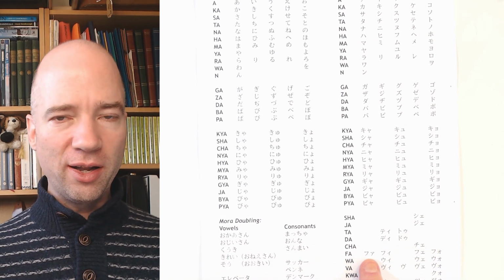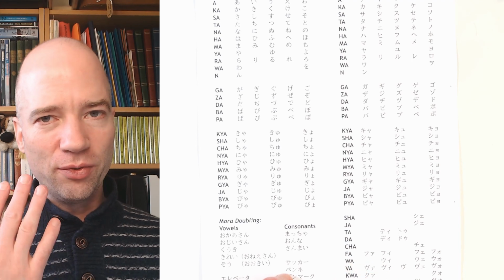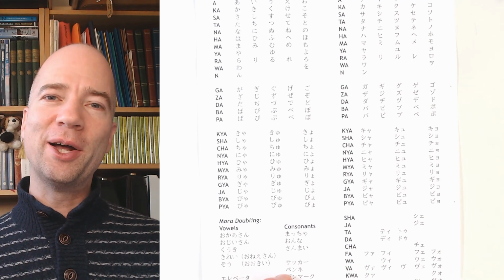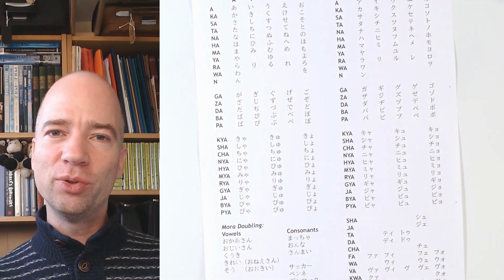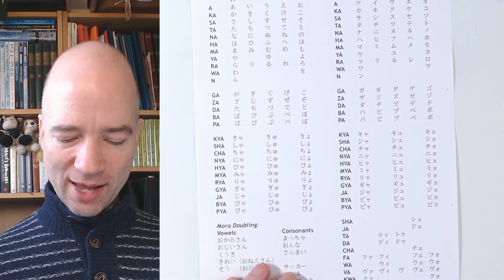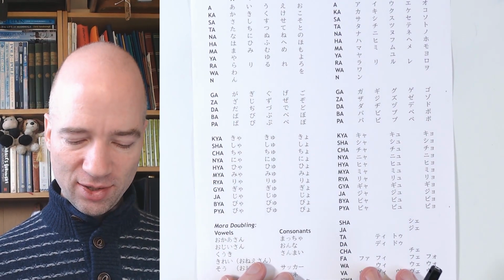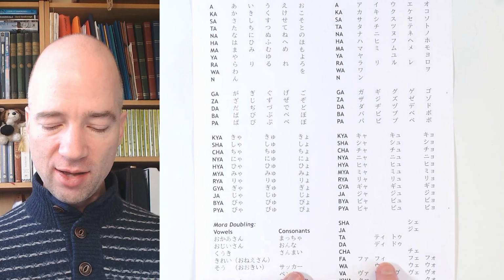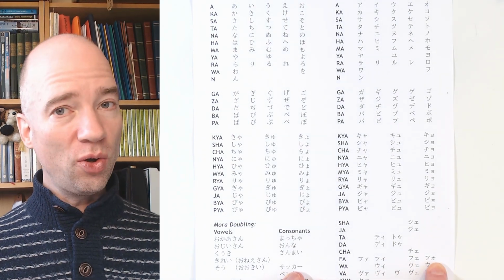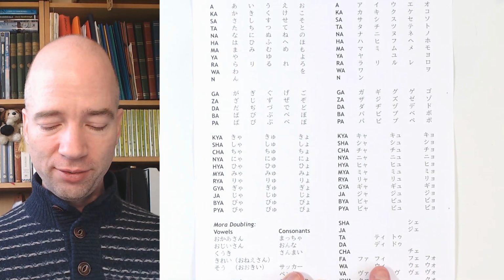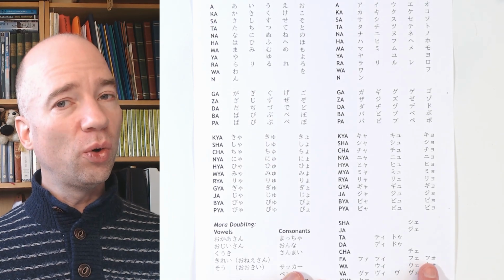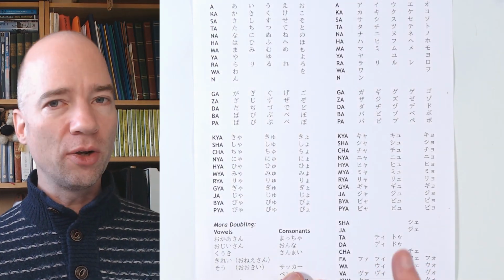The fa line, of course, you only have fu, not really an F, but yeah, fu. And with the additions of a small half-size a, i, e, and o, they become fa, fi, fe, fo, in addition to the fu that already exists.